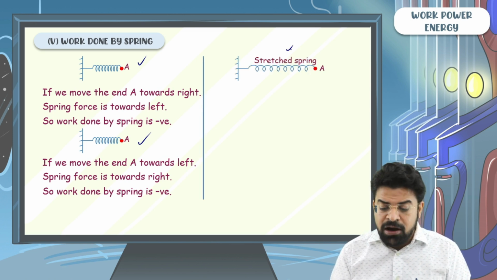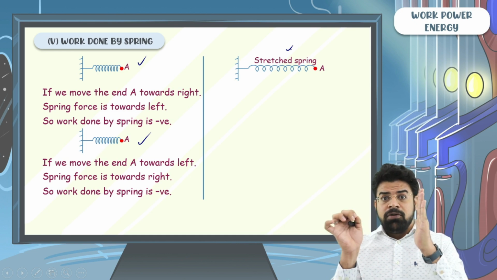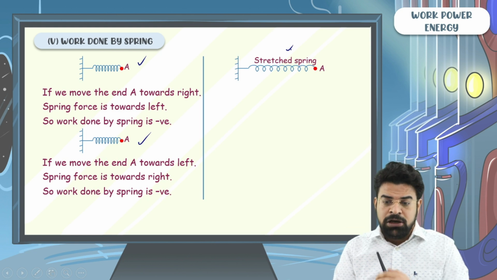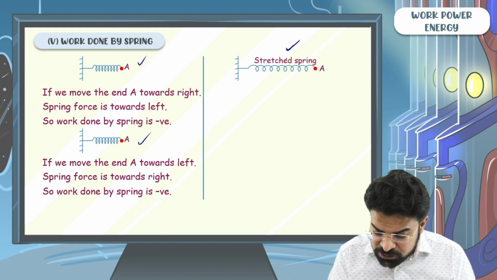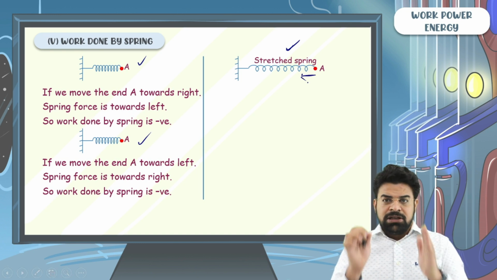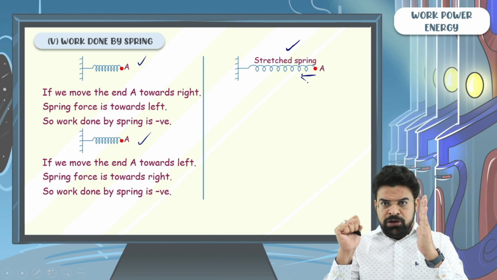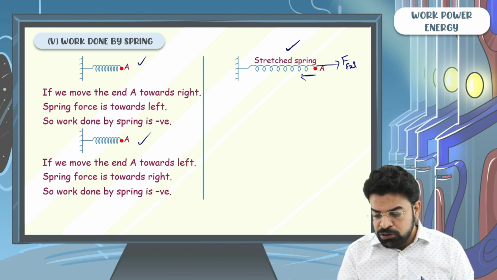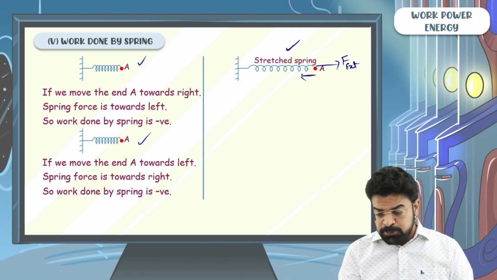Let's say you have a stretched spring, a spring which is already elongated, which already has length more than its natural length. So if you have a stretched spring and you move the end A towards left, so sir, in case of a stretched spring, some external agent must be applying a force to keep it stretched. So the spring force will be towards left.